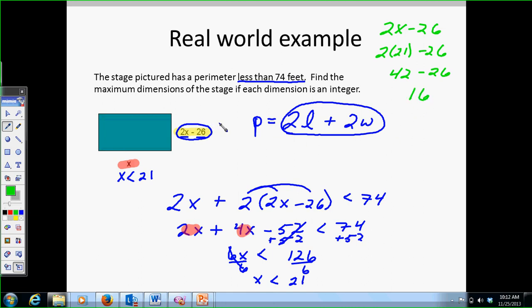So here, this side can be no more than 16. And I'll just put the width is no more than, or rather it has to be less than 16. And that's how that problem works.